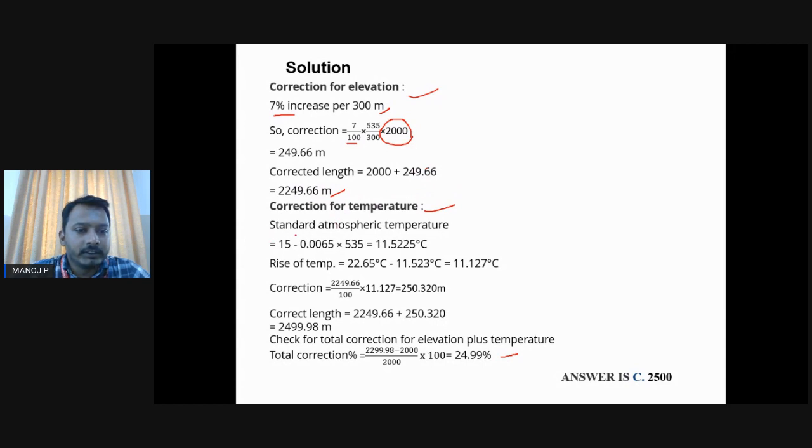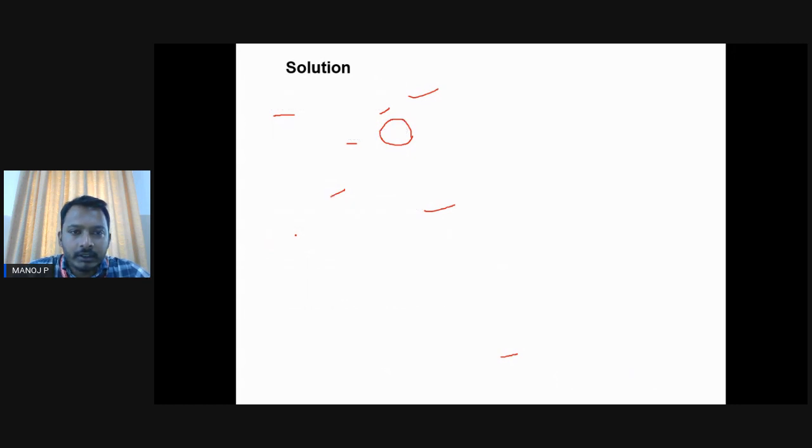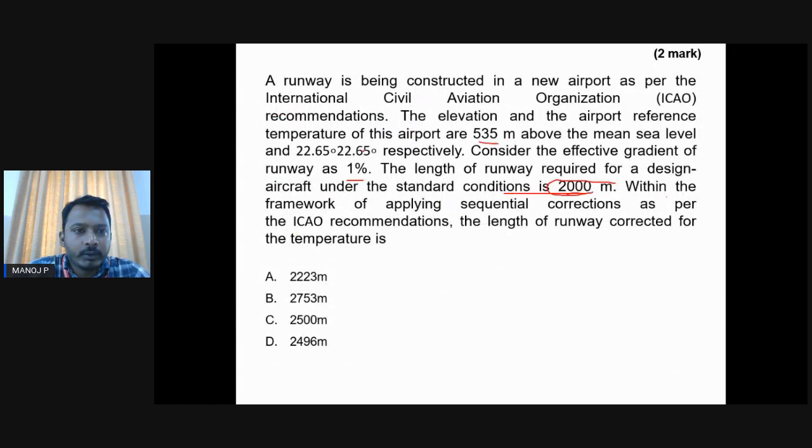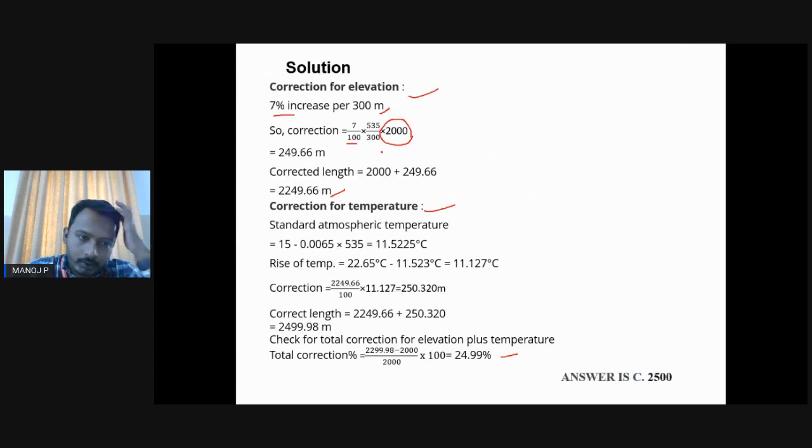Since the standard temperature is 15 degree, and here in the question the temperature given is 22.65 degree, first we are supposed to calculate the standard atmospheric temperature. 15 degree is the standard atmospheric temperature, minus, for every 1 meter elevation, multiply by 0.0065 into 500 meters it is elevated above mean sea level.